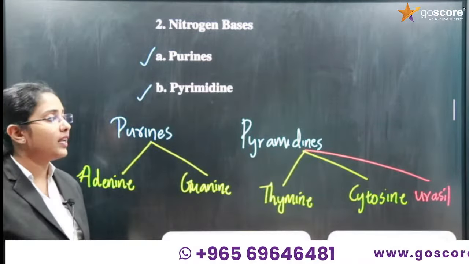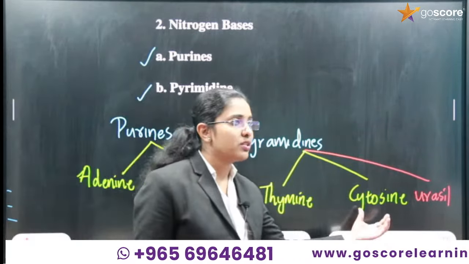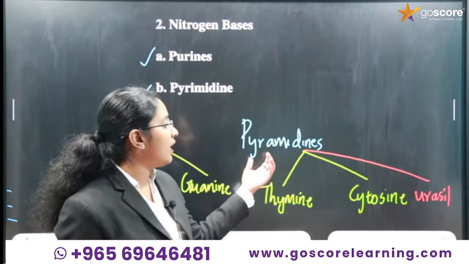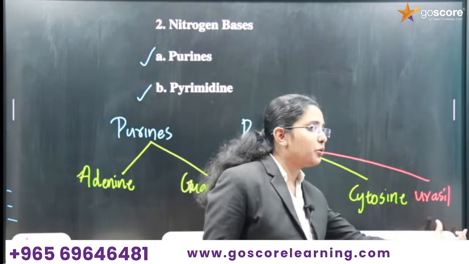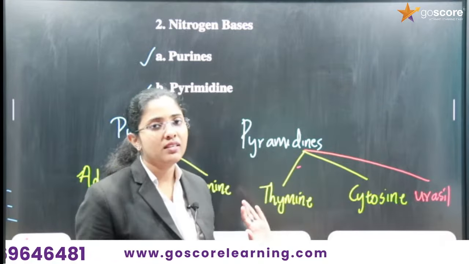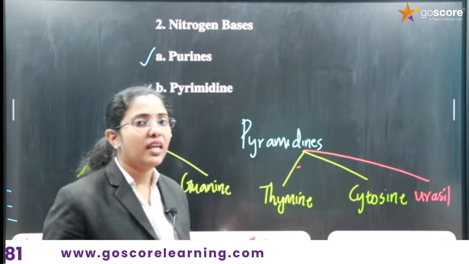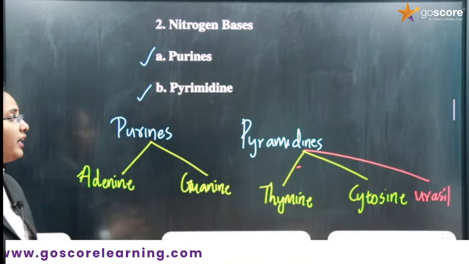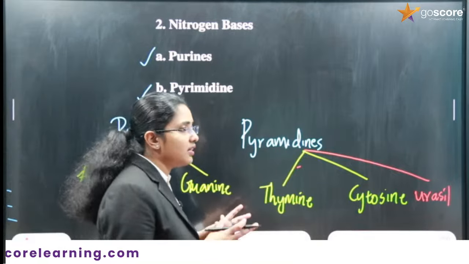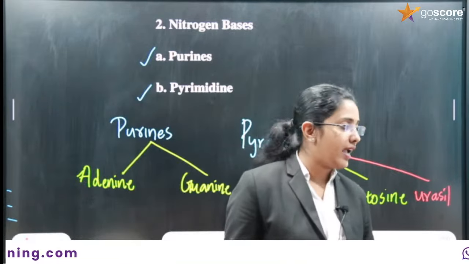So if you're considering DNA, thymine and cytosine are present. But if you're considering RNA, cytosine and uracil are present, where thymine is absent. So these are the different nitrogen bases present inside the DNA and RNA.